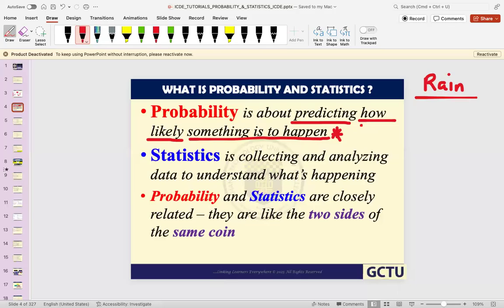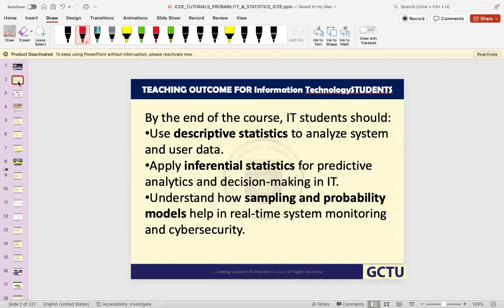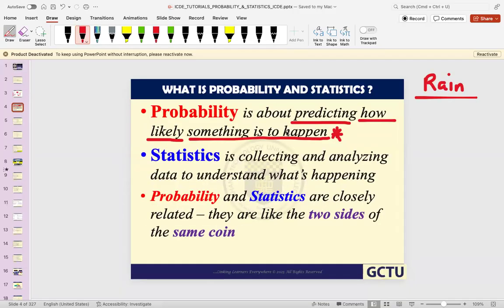So, some simple phrases we can use to understand probability more is that probability can be any event in which the event may, so these are the two possibilities, may occur or may not occur.